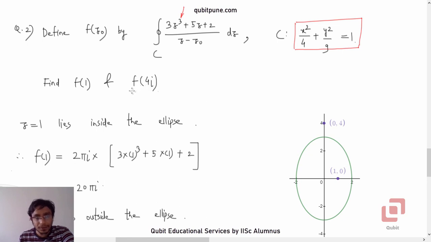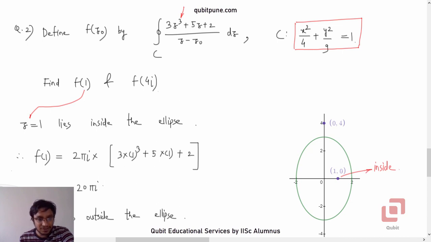Now it's not very difficult to find out that if we let z be 1, then this point (1, 0) will lie inside the ellipse. So if it lies inside the ellipse, we cannot apply the Cauchy's integral theorem, but we have to apply the Cauchy's integral formula.